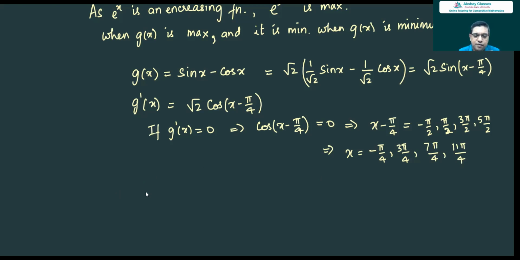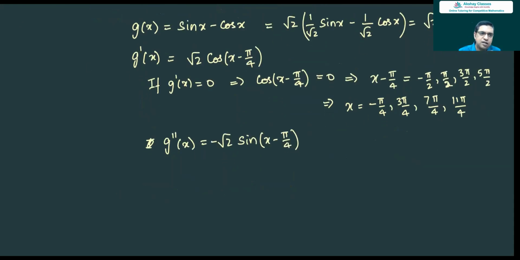Now let us look at the second derivative. It will be under root 2, derivative of cos is minus sine of x minus pi by 4. So what we get now, let us check at minus pi by 4.